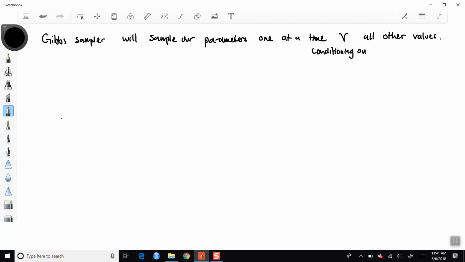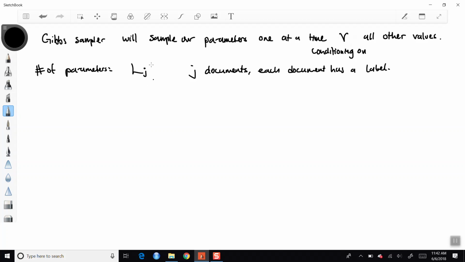Okay, so let's think of the number of parameters we have. We've got J documents, and each document has a label. So we need to sample J parameters here, and this label is probably what is of interest to us.